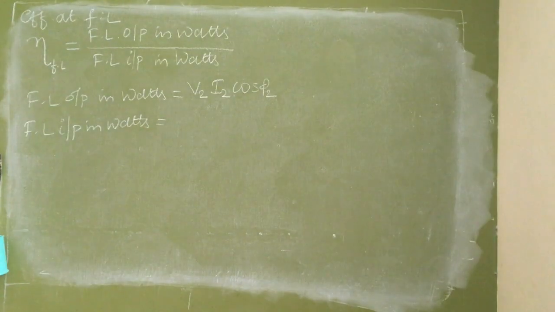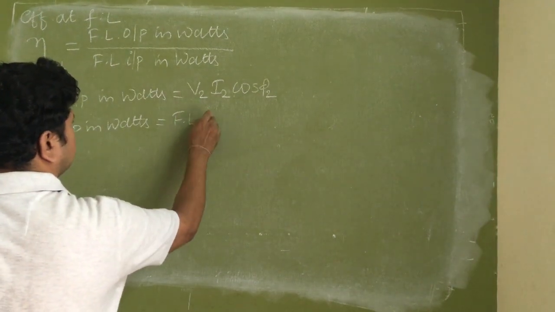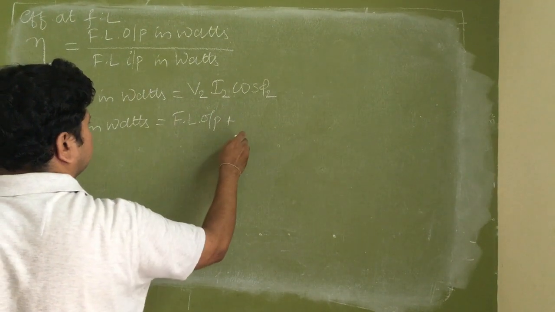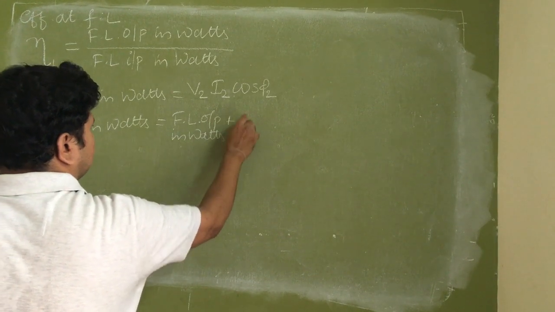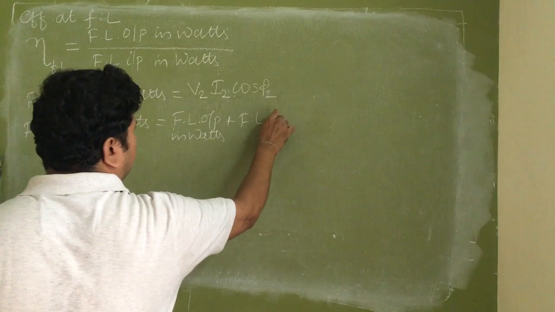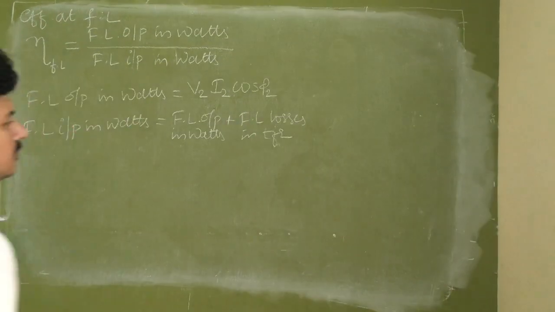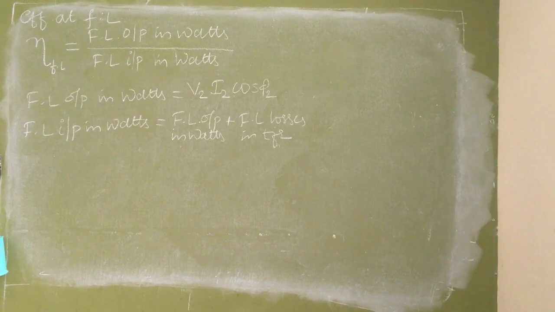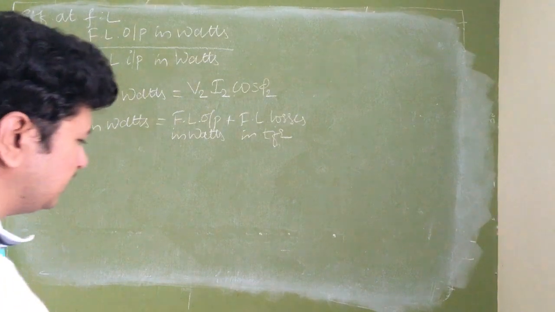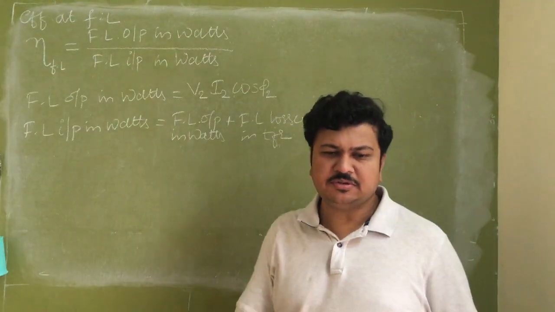is equal to, I will write it as full load output plus, in watts, full load losses in transformer. Okay, I told you when discussing the losses that output is obtained after the losses are satisfied in the machine.